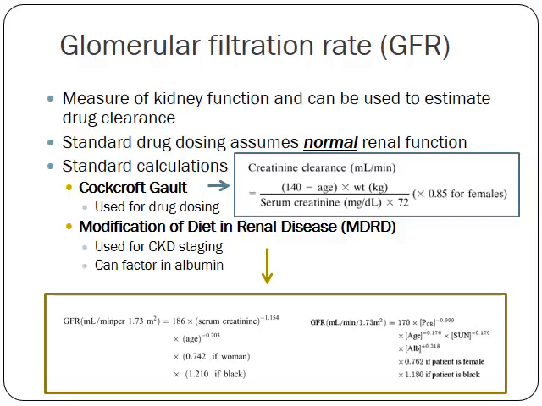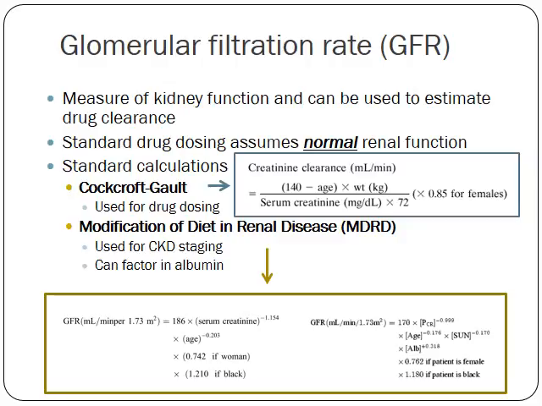For serum creatinine, we'll use what we get off of a lab value. However, if a patient is over 65, we automatically round them up to 1. If you have a really older person who doesn't have a lot of muscle mass, they may have a really low serum creatinine, and that can artificially inflate their creatinine clearance. So we just round it up to 1, and it gives a little bit more stability to the equation.